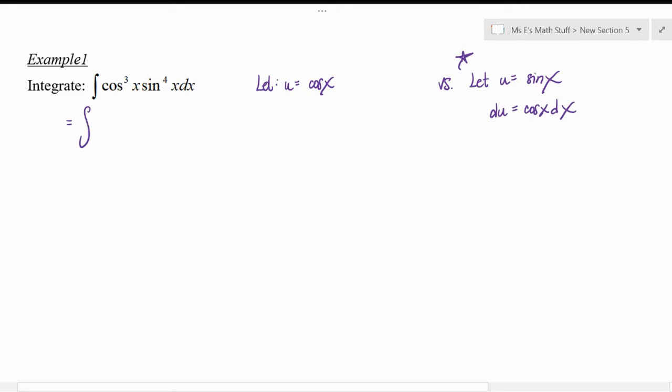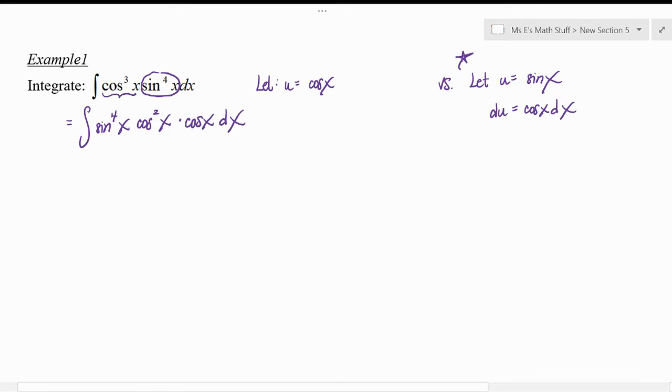Whatever you let u equal, you'll write that one first. So you let u equal sine, so write sine to the fourth x first. And then the cosine cubed that you have left, you're going to split up as cosine squared x times cosine x.